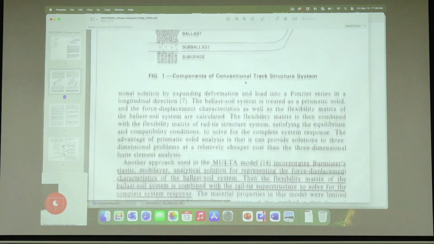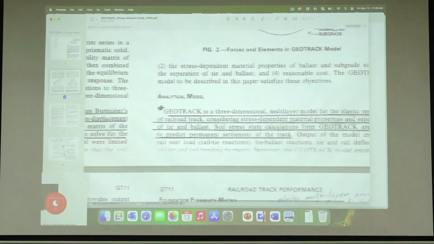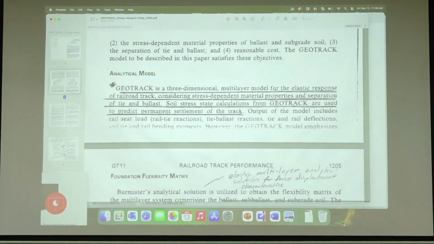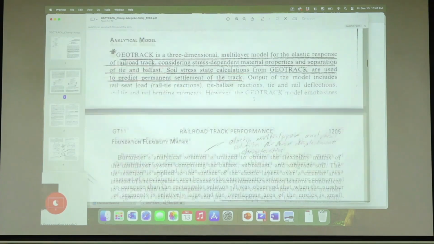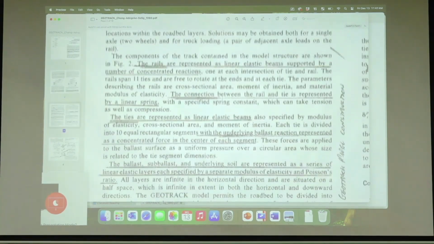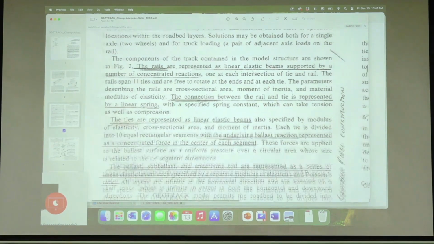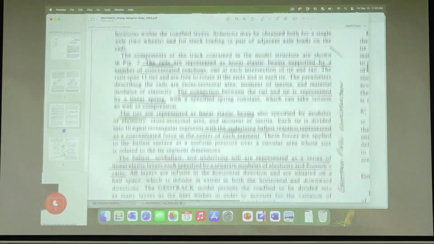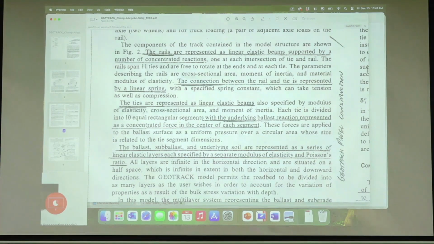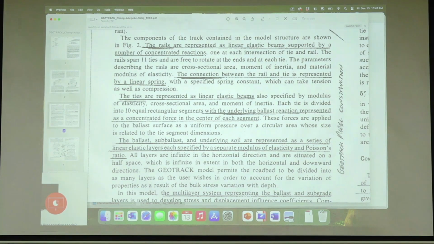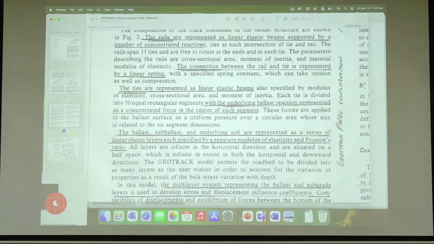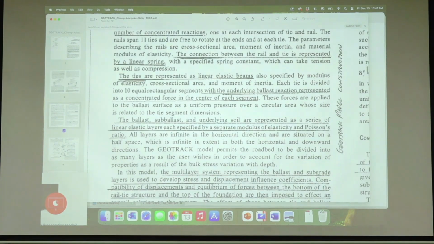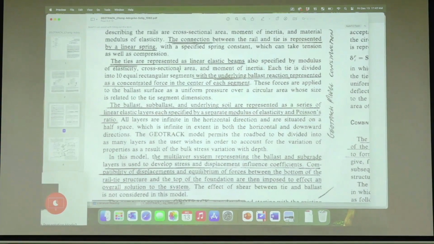The shape is a three-dimensional multi-layer model with elastic response. Components are shown. Rails are represented by linear elastic beams supported by a number of concentrated reactions, one at each intersection. The rail spans 11 ties and is free to rotate, and the connection between rail and tie is represented by a linear spring, which is given some constant.